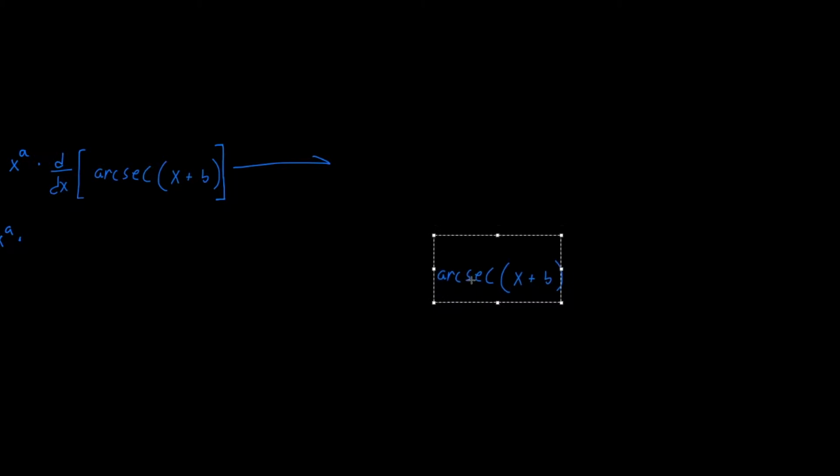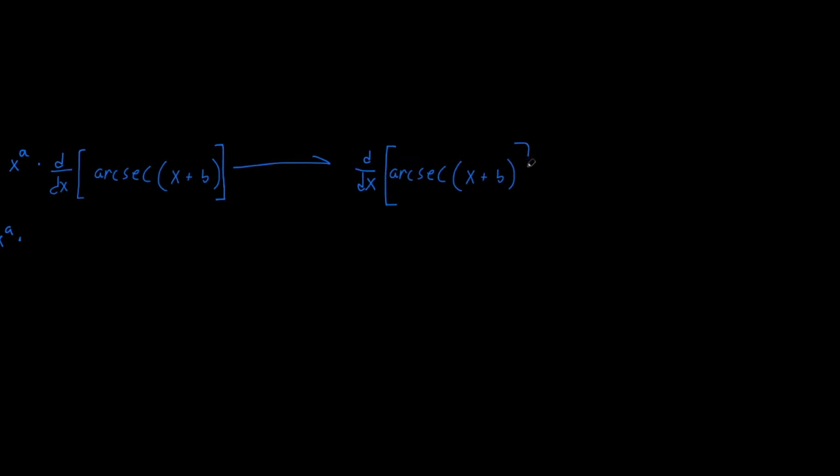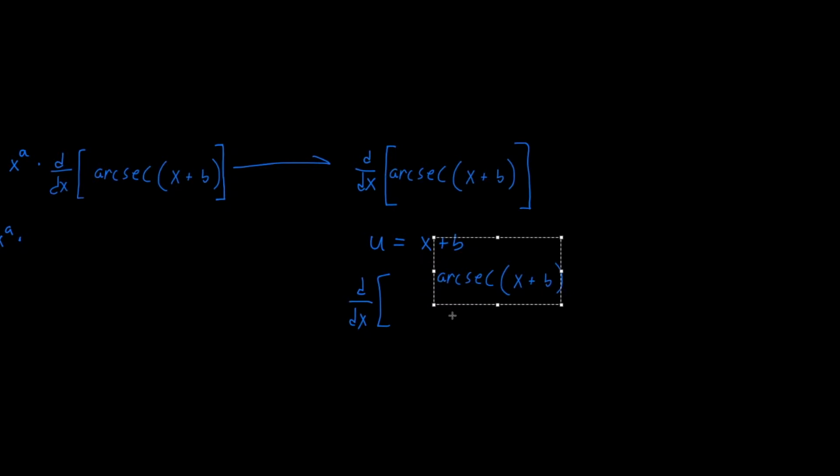So we have arc secant of x plus b, and we take the derivative of this. We have a function of x plus b inside the arcsecant function, so we'll use the chain rule, starting off by saying u equals x plus b. Same thing, we have d dx of all this, except we replace that with the u.